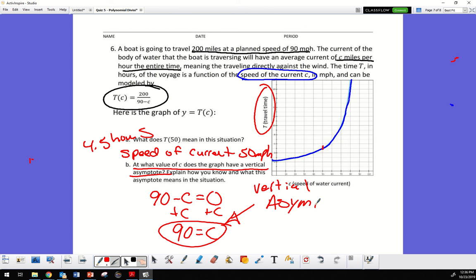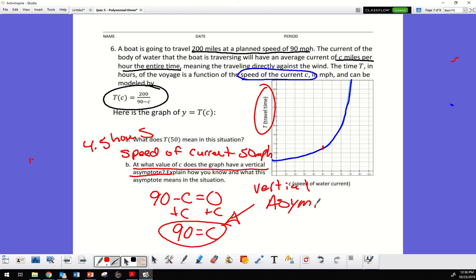Yes, it's going 90 miles per hour, right? And what does c represent? Speed of the current. So if I'm going 90 miles an hour and my current is also 90 miles an hour, I'm not going to go anywhere, am I? No. That's important to understand.